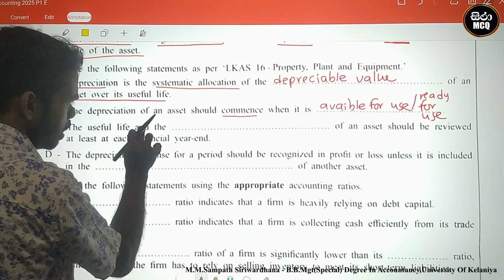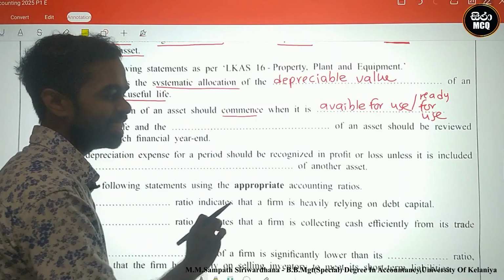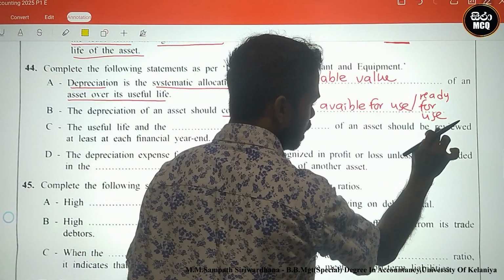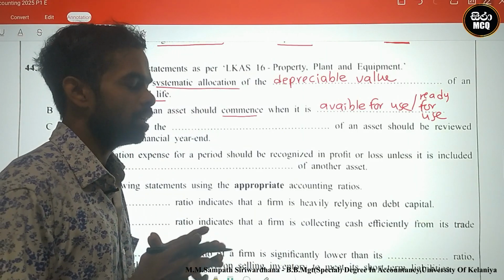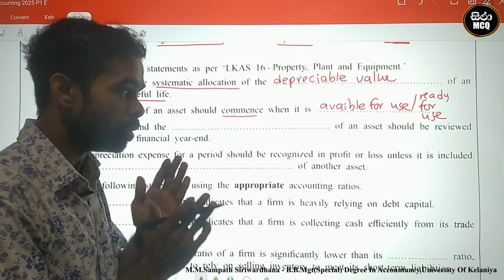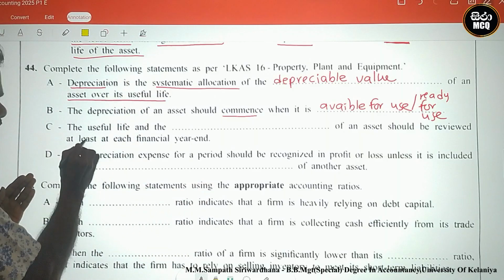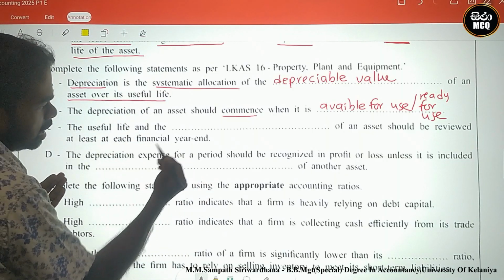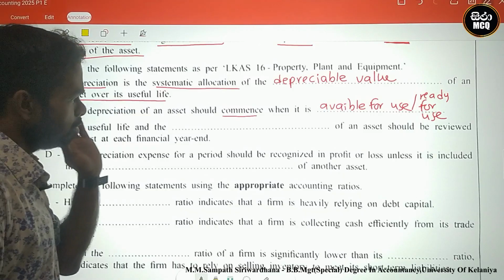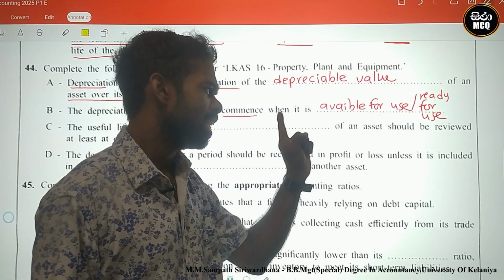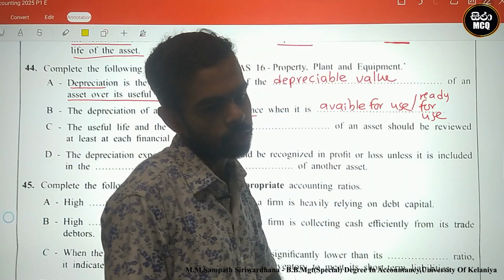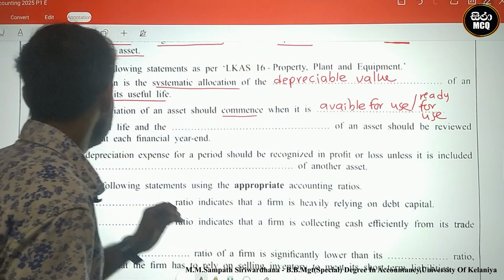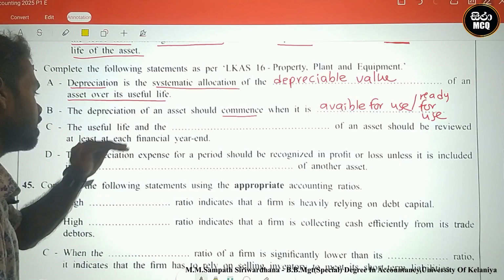Next one, look here, the useful lifetime and residual value of an asset should be reviewed. Reviewed means there is some change or some stable amount, at least at each financial year end. The useful lifetime and residual value of an asset should be reviewed, must be revalued at least each financial year.